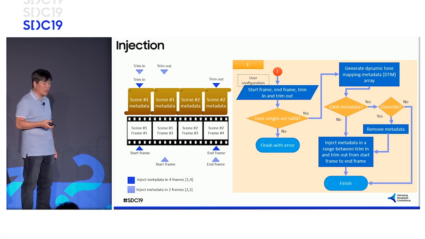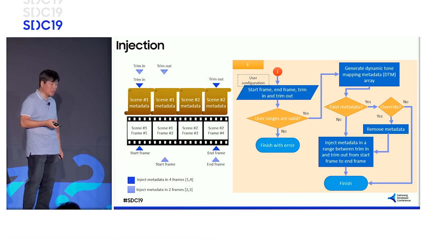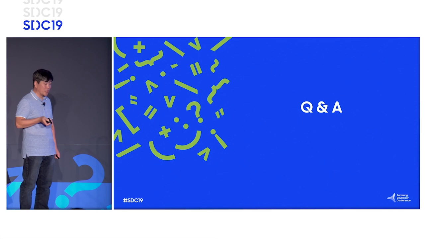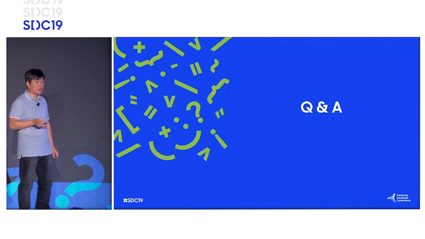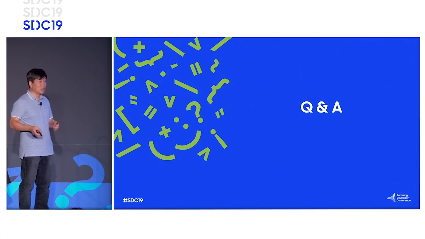It's a kind of transcoding mechanism from the encoder-decoder perspective, but in reality you need to decode the frame, process it, generate metadata, and inject it into the stream. So finally, you get the HDR10 plus stream, which is available in the market, and you can distribute it everywhere through any network services at this moment.